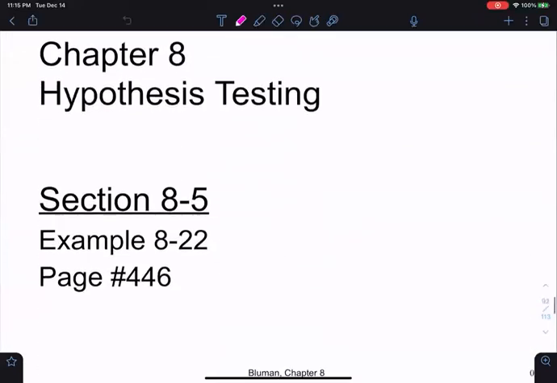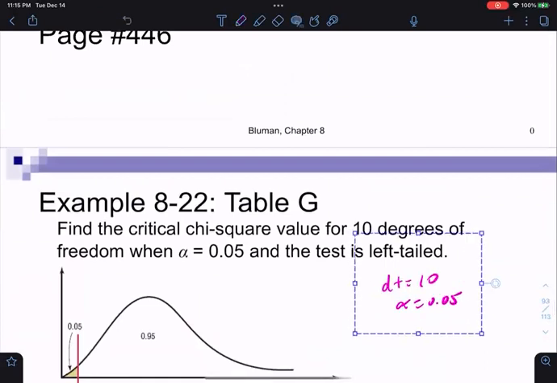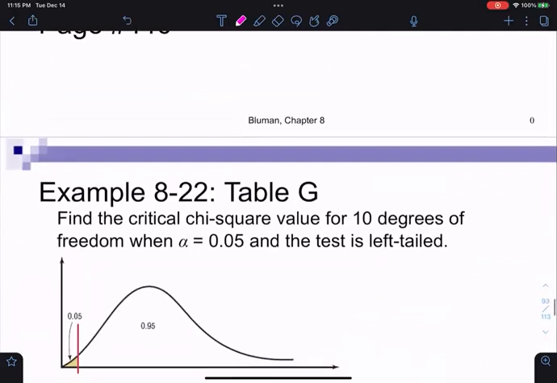Okay. Let's continue. Here they want you to find the critical chi-square value for 10 degrees of freedom, and alpha is 0.05. However, this is a left tail test, so your degrees of freedom stay the same, but you have to do 1 minus alpha. So this is 1 minus 0.05, which is 0.95.